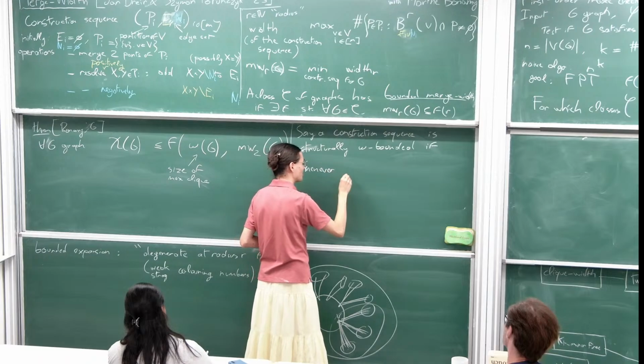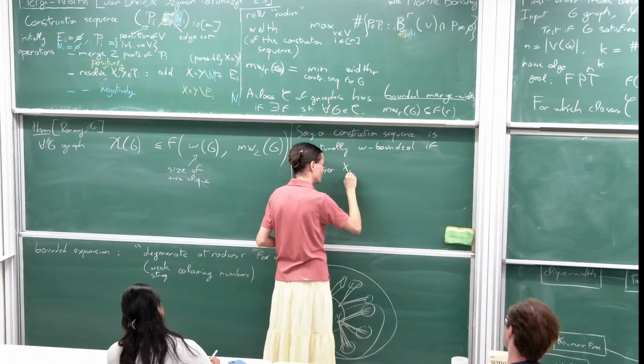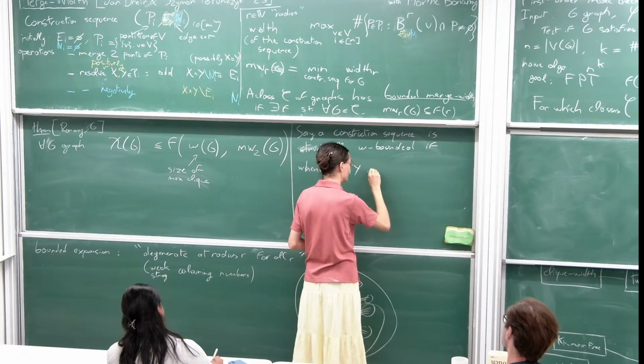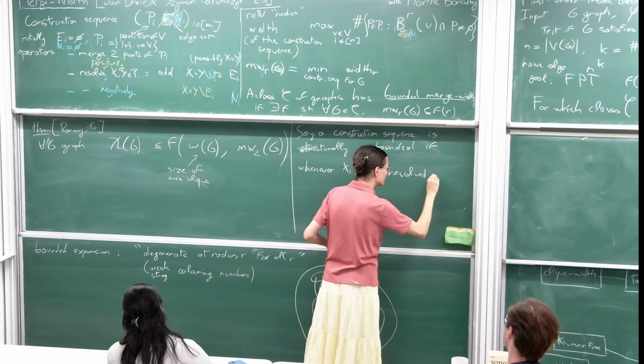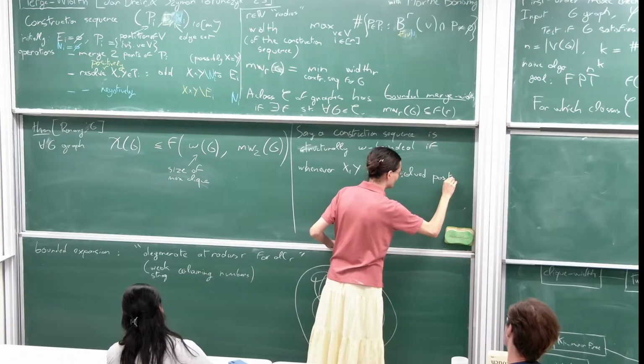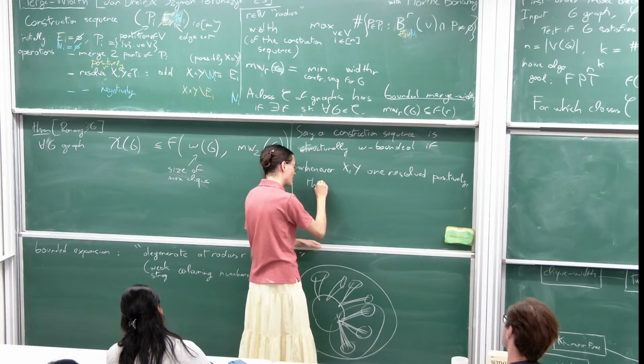whenever you do a positive resolve between two parts X and Y, then you want them to be independent sets.